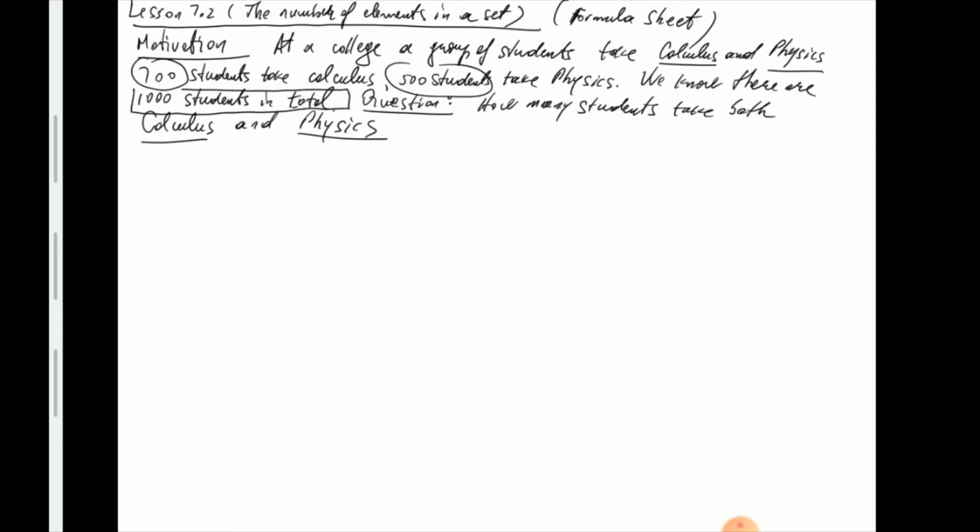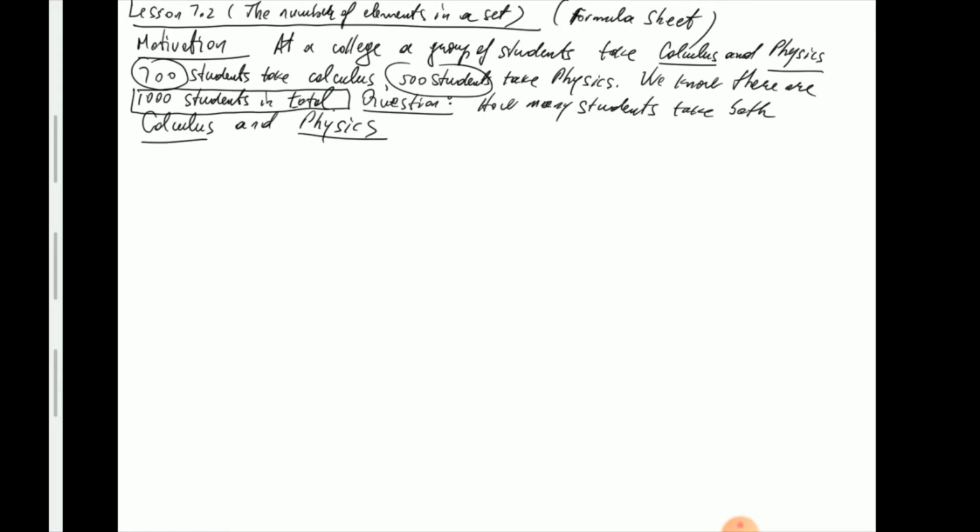So there must be some of them that take both, right? Since 700 and 500 exceed the number of students in total. That's how you can guess pretty quickly what that number is.